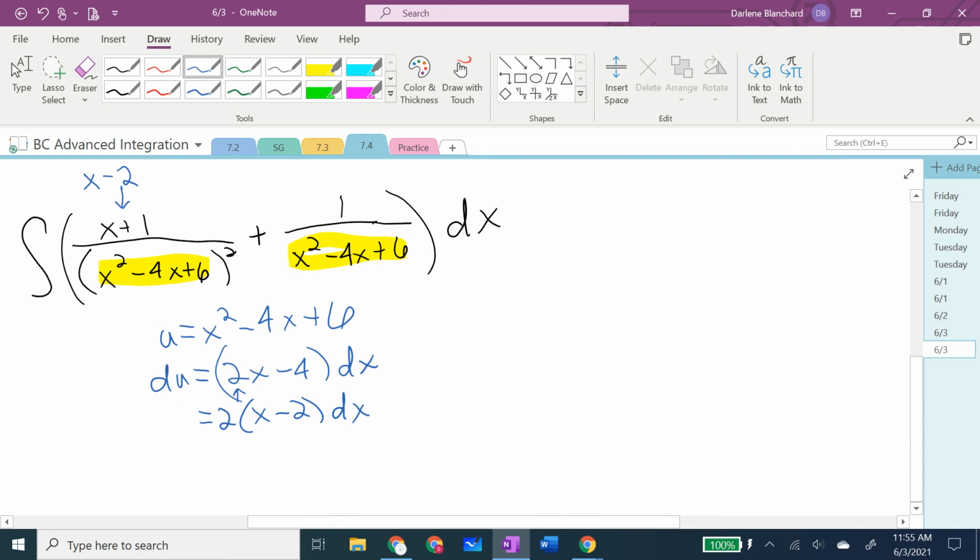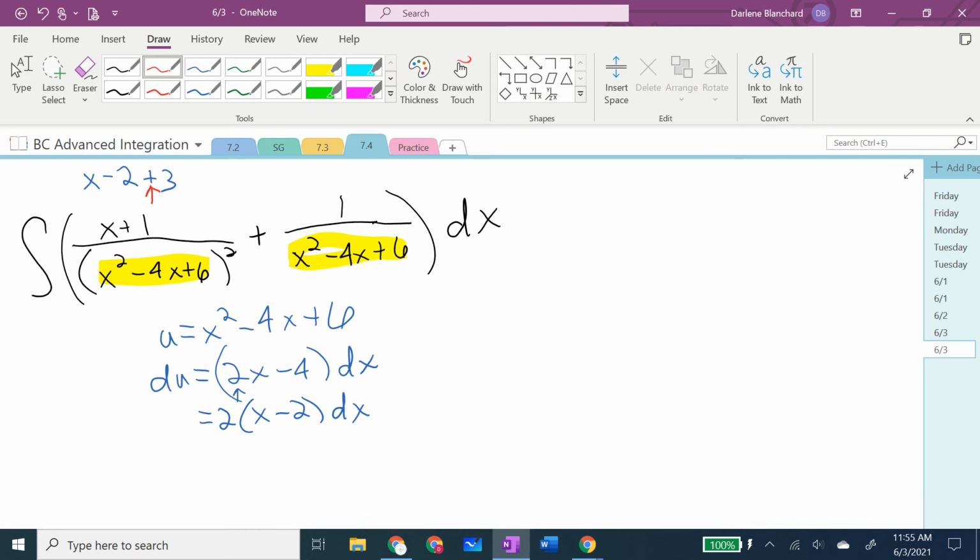However, I can rewrite it as x minus 2 plus 3. And then I can split the numerator at that addition sign. That will save me some pain when it comes to the trig integral that the trig sub leads to.